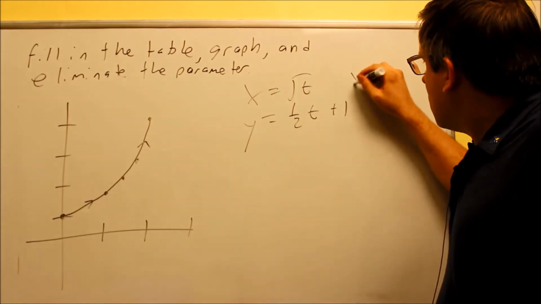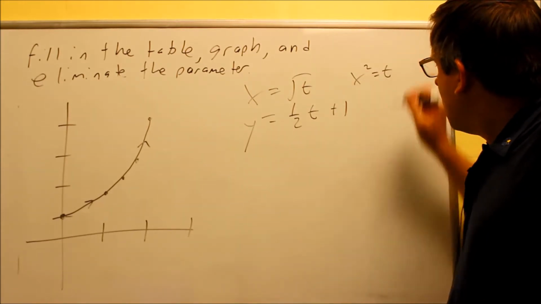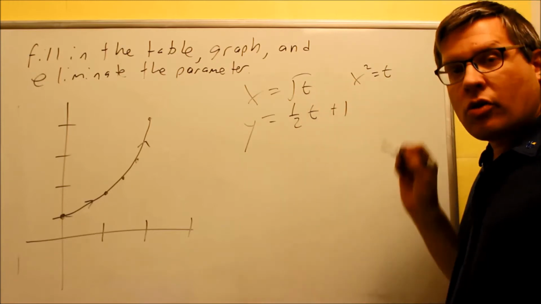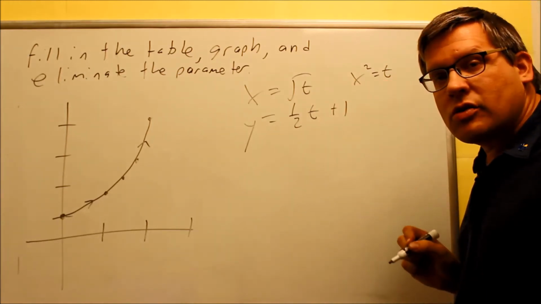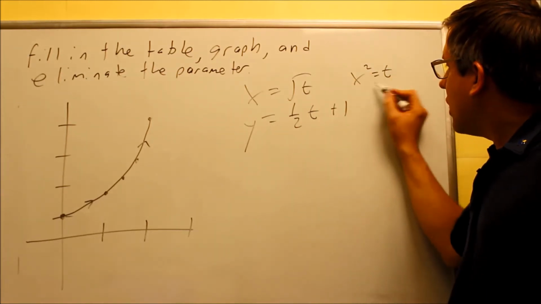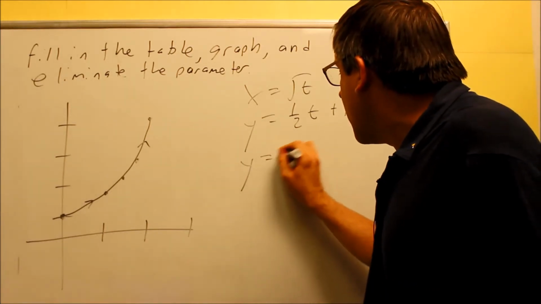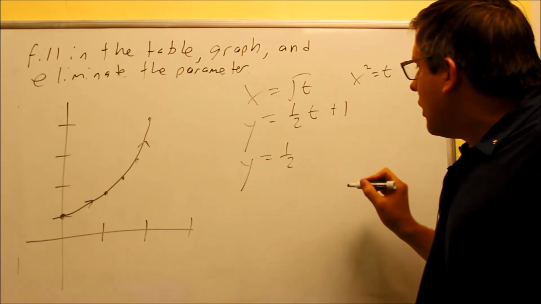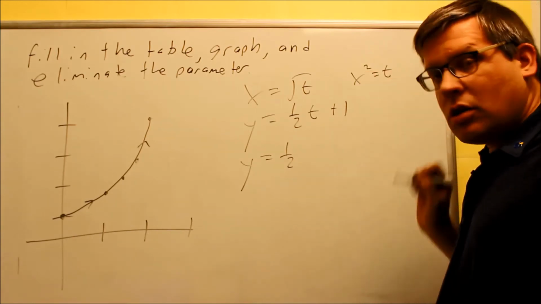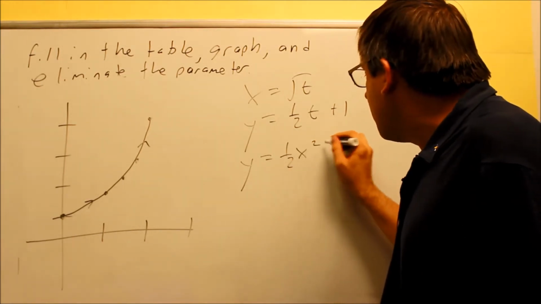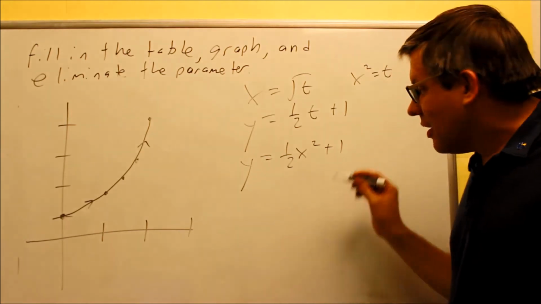Now the first equation, you can square both sides. If you square both sides, you get the radical to go away, and you get x squared is equal to t, and then you can take this one and put it into the bottom one. So then we get y is equal to 1/2. Instead of t, we put in x squared. That eliminated the parameter. We got rid of the t, and now we have this.